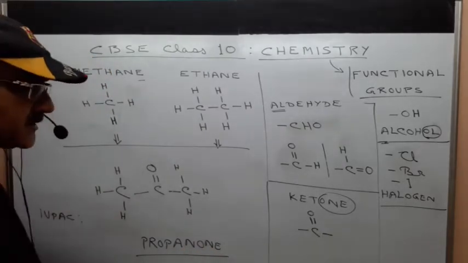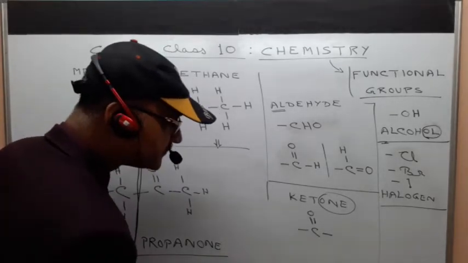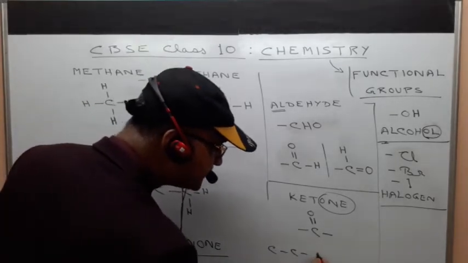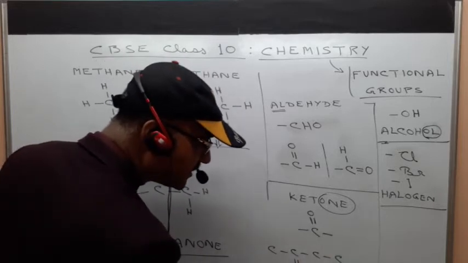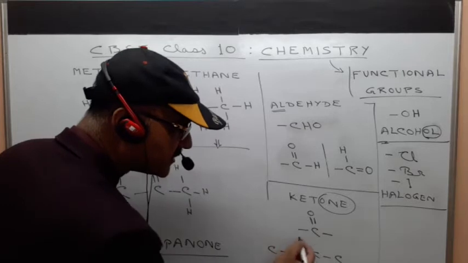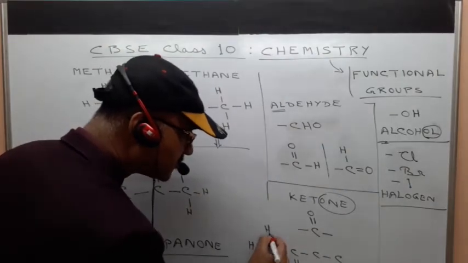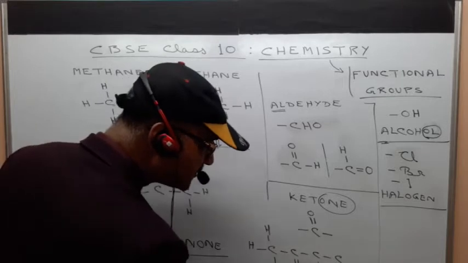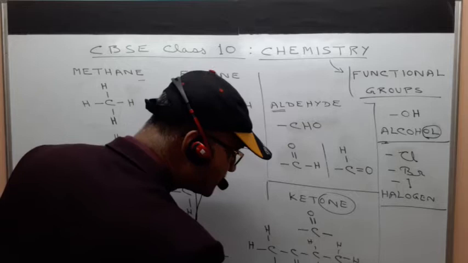Similarly, if we have 4 carbon atoms, then this has an oxygen here, so that is a ketone here. So this is H, this is H, hydrogen here, hydrogen, hydrogen, hydrogen.